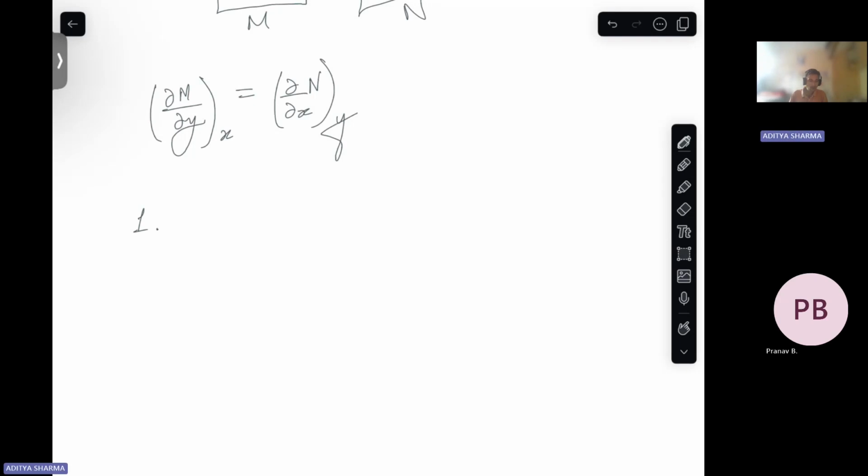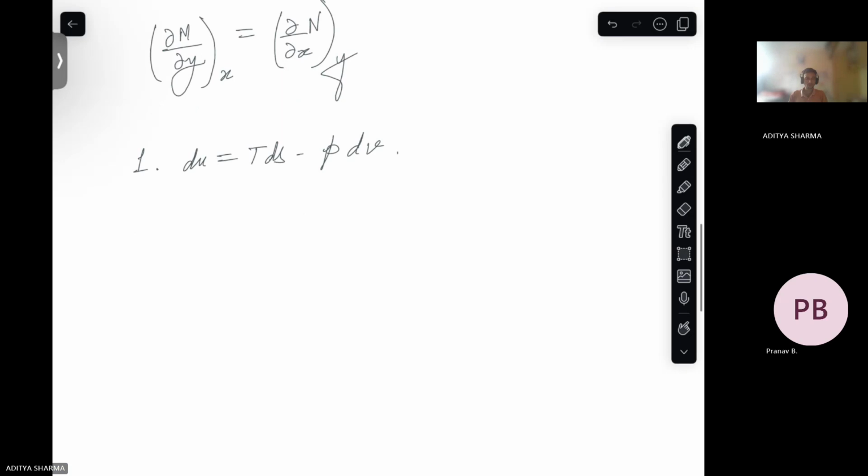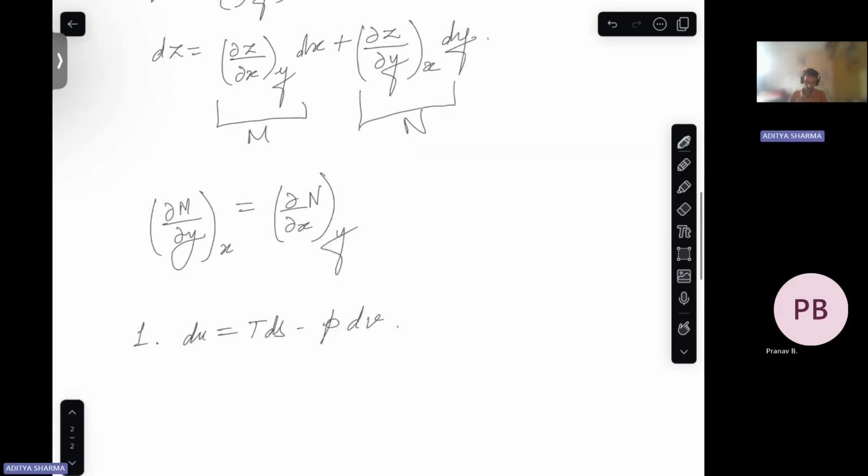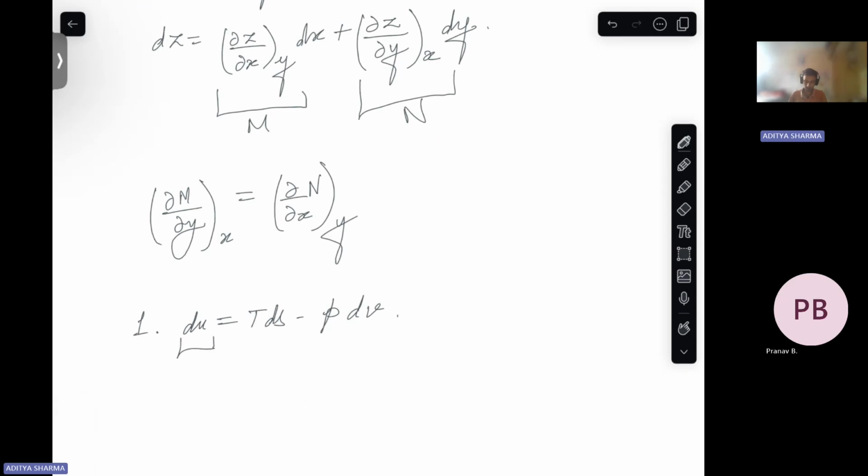Now if you see on the left hand side, we have written dU, it means internal energy is an exact differential, and then the property related to exact differentials we can apply here, that is this property.